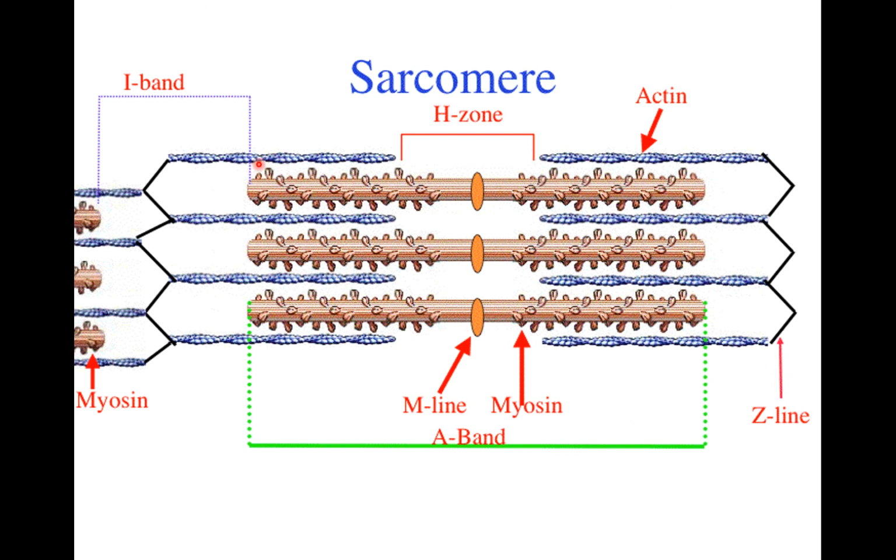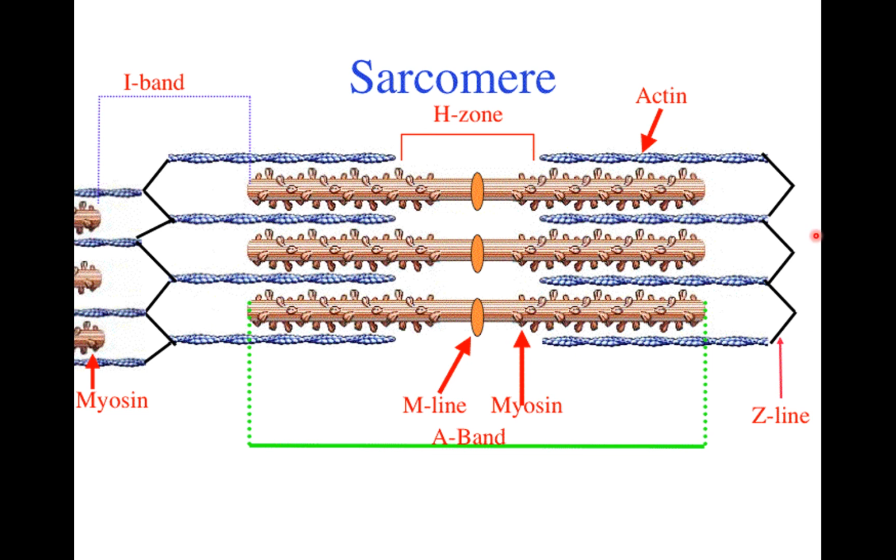And the distance from the tip of one thick filament to the neighboring tip of the next sarcomere's thick filament is called the I-band. Right now, I'd like you to circle the I-band and the H-zone. Circle them and write a little note for yourself. I want you to know that these two regions shorten during a muscle contraction.